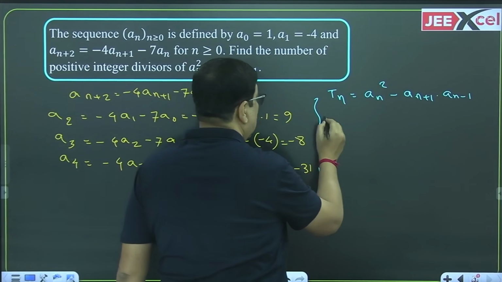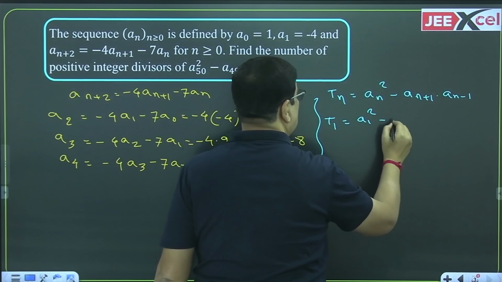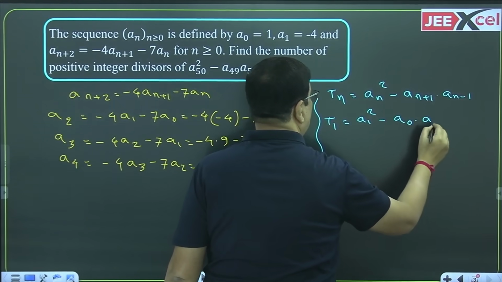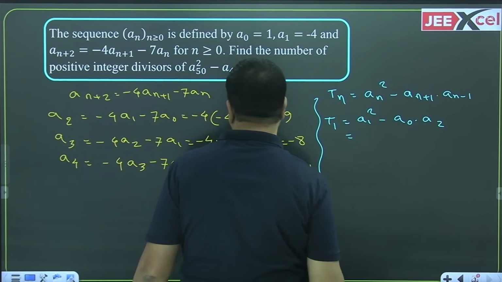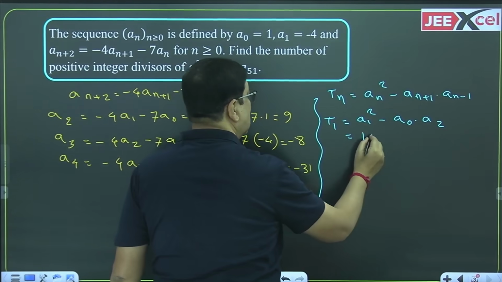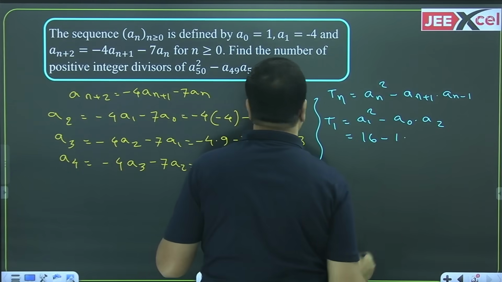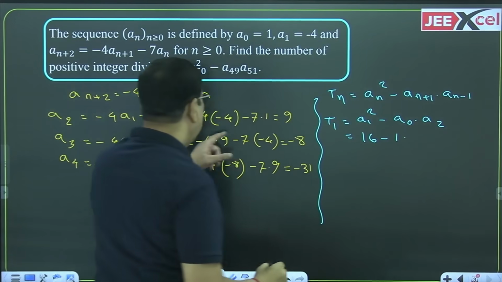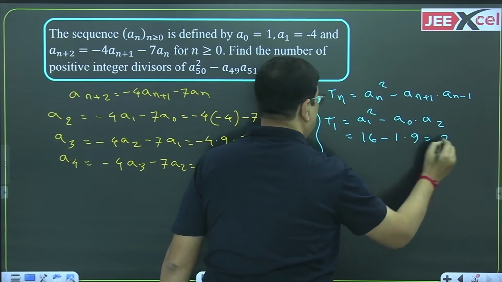So everyone, T1 is a1 square minus a0 into a2. In this case, a1 is minus 4, so minus 4 square is 16, minus a0, which is 1, and a2, which is 9. 16 minus 9 is coming 7.